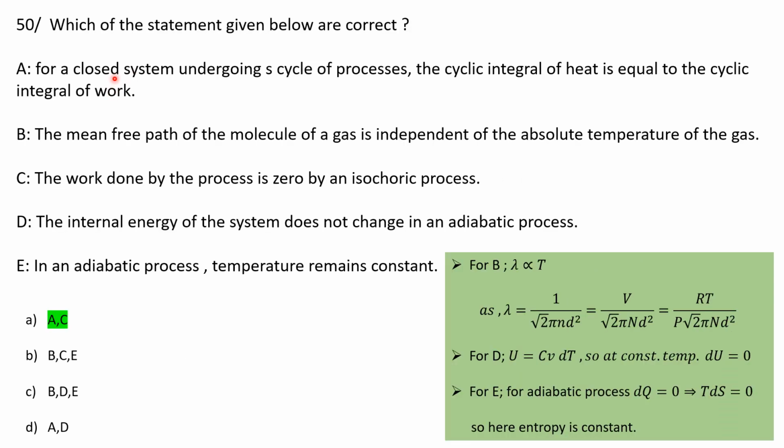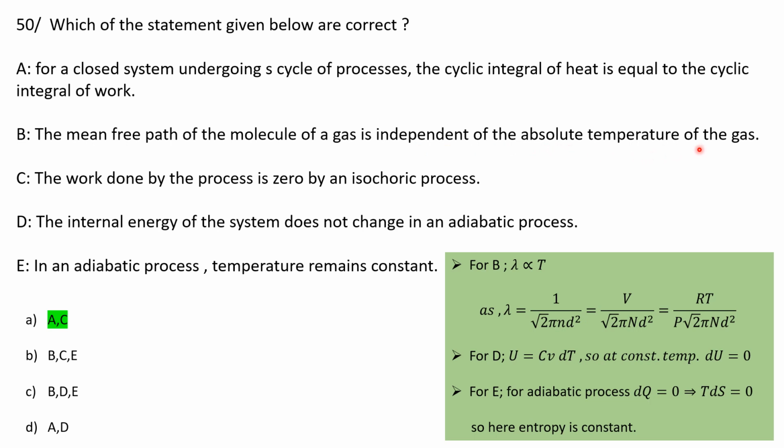Then here is our next question: which of the statements given below are correct? So statement A says for a closed system undergoing a cycle of processes, the cyclic integral of heat is equal to the cyclic integral of work. So this is true. Then the mean free path of the molecule of a gas is independent of the absolute temperature of the gas.